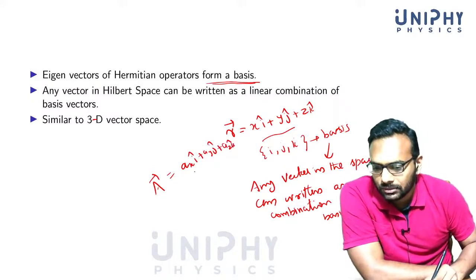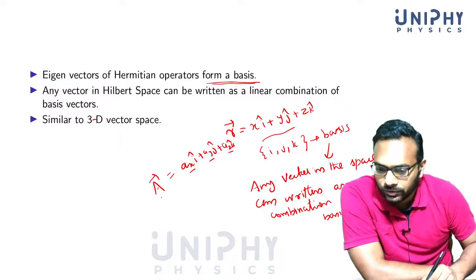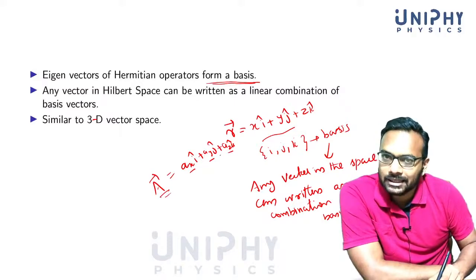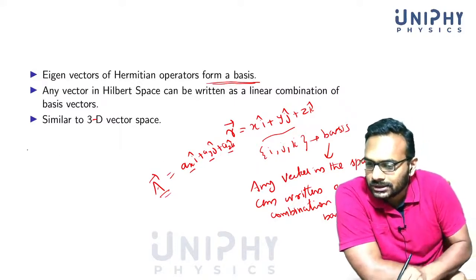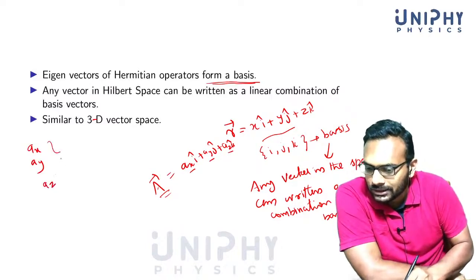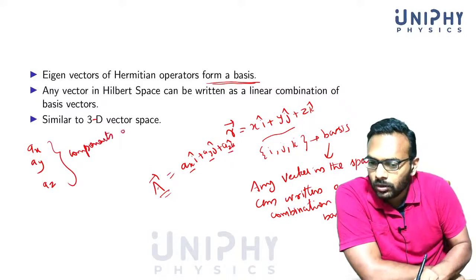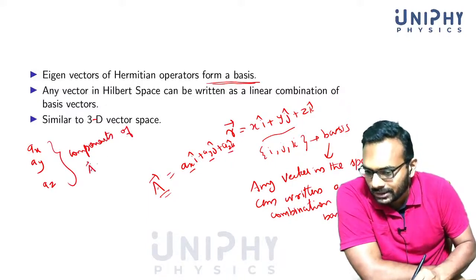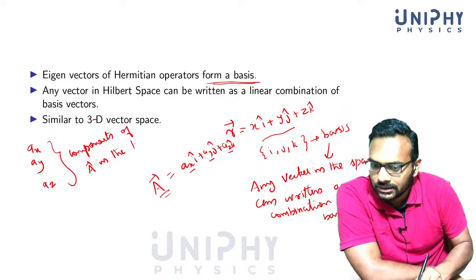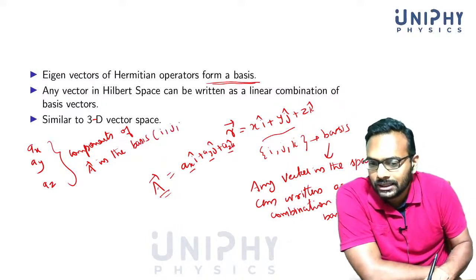This ax, ay and az are known as the components of vector A in the basis, or in a particular coordinate system i, j, k.